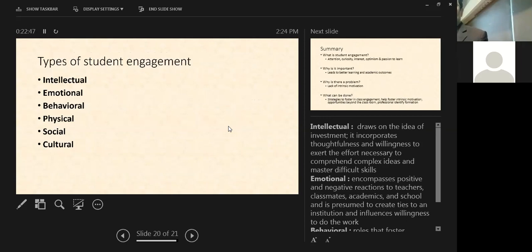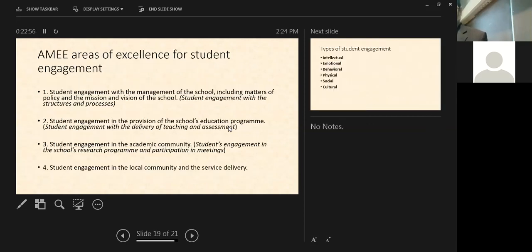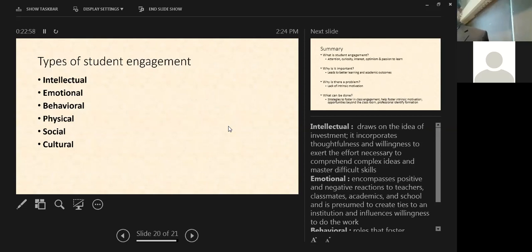There is also emotional engagement, which encompasses fostering emotional support for other students. Okay, helping your fellow students out, because that also gives that feeling of community, togetherness, and competence.